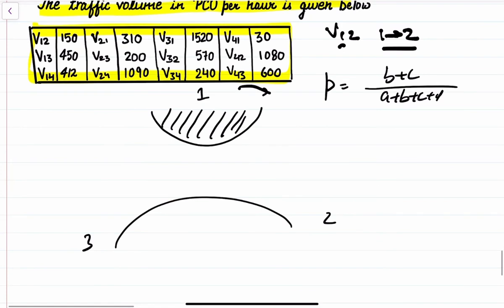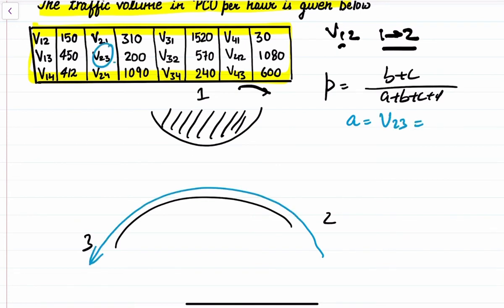First of all, we have to find out A. What is A? Vehicle coming from 2 going to 3. A will be V23. V23 value is 200. B is coming from 2 and going to some other leg. Here in this case, the other leg may be 2 to 4 or 2 to 1.